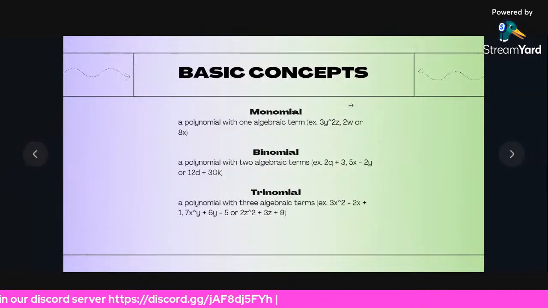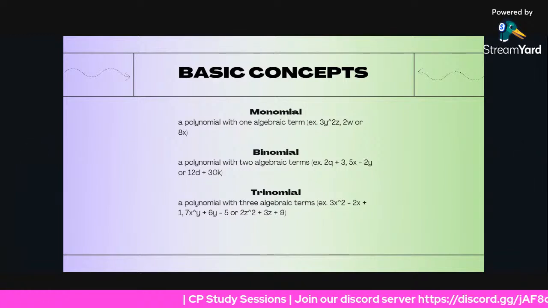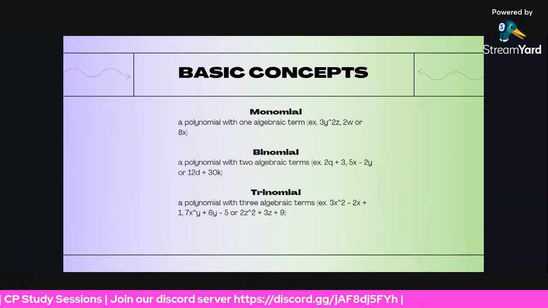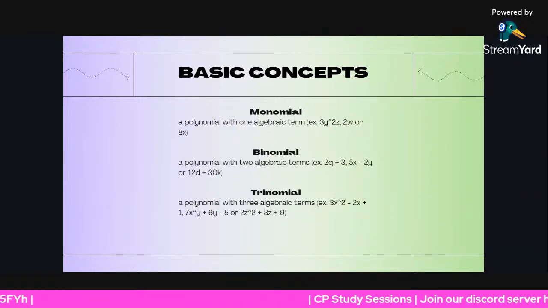So, meron tayong tatlo, which is monomial, binomial, and trinomial. Actually, meron pang isa, which is quadrinomial, pero hindi naman siya usually naggamit or nakikita, kaya hindi ko na nilagay sa presentation. Pero yung quadrinomial, yun ay polynomial na may apat na algebraic terms.